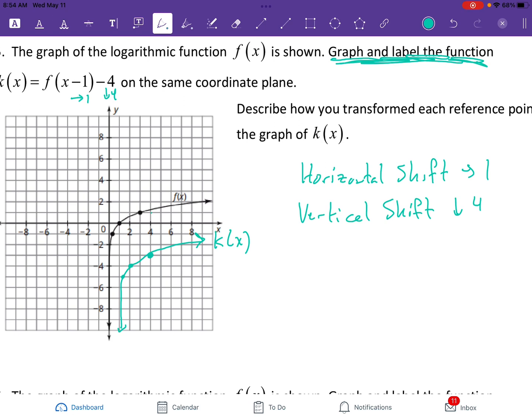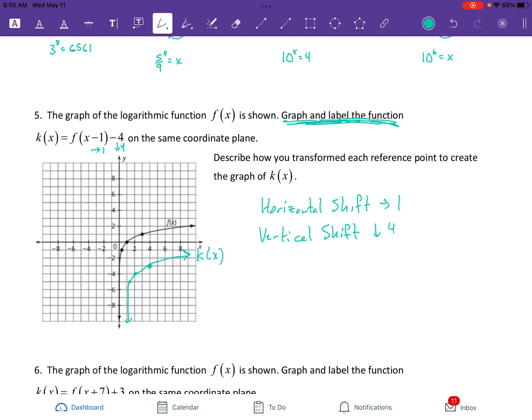And that is how we got the new graph. Okay, it is important that you read the directions. I didn't read the directions very well the first time I did this problem, but then when we said to create graph k of x, I noticed the directions here, graph and label the function. The label is an important piece of the problem, so please make sure you do that on the test.